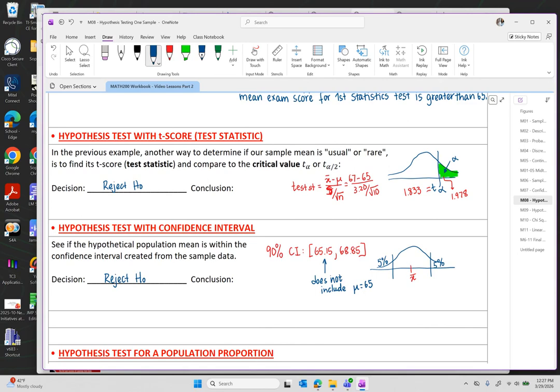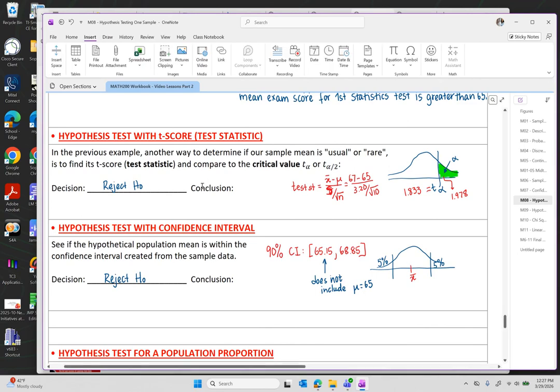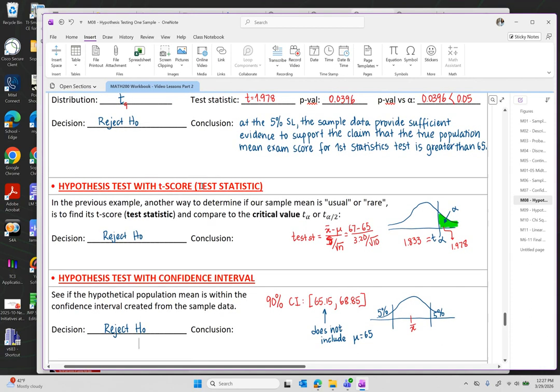Remember, my decision is whether I will reject the null or fail to reject the null. My conclusion will only mention the alternate or alternative hypothesis. So my conclusion is that at the 5% significance level, the sample data provides sufficient evidence to support the claim that the true population mean exam score for the first statistics test is greater than 65.